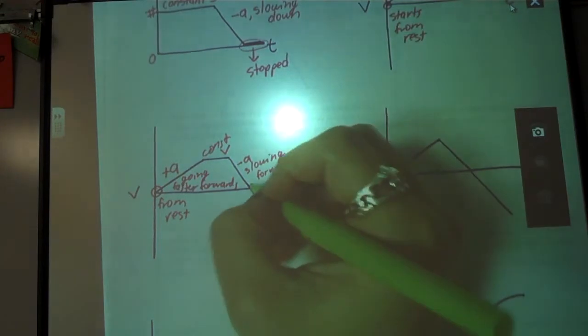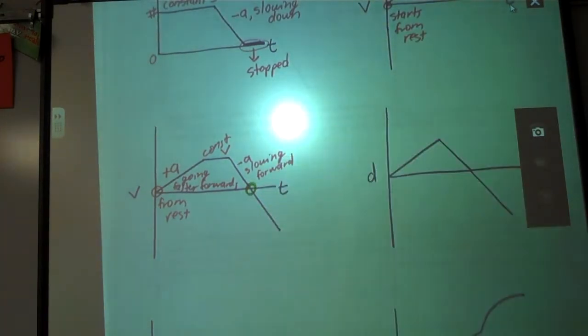Here is the weird spot. So remember, positive and negative tells you direction right there. First off, we hit a velocity of 0, so my car stops. Then it proceeds to accelerate, go faster, but in the negative direction.